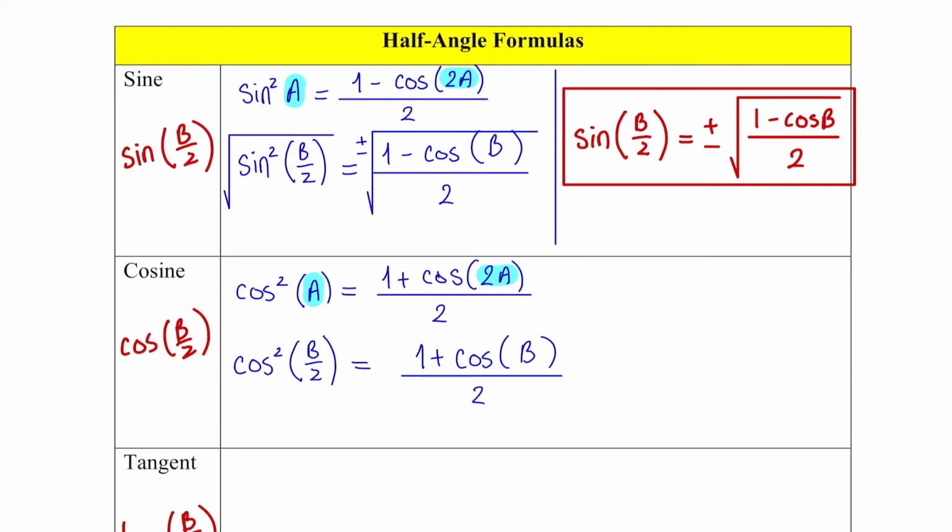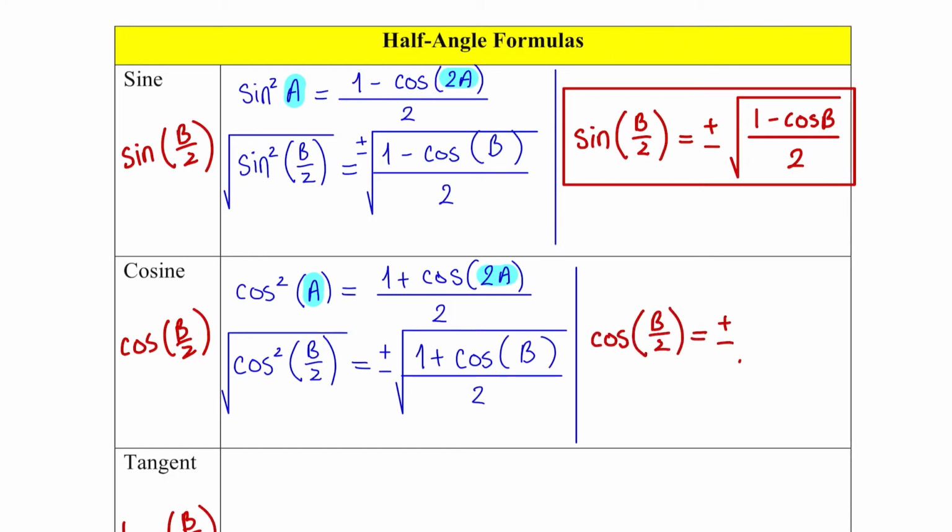And in order to derive the formula for cosine of b over 2, I'll take the square root on both sides. And always, when you take the square root on both sides, there's always plus or minus. Cosine of b over 2 equals plus or minus square root of 1 plus cosine b over 2.